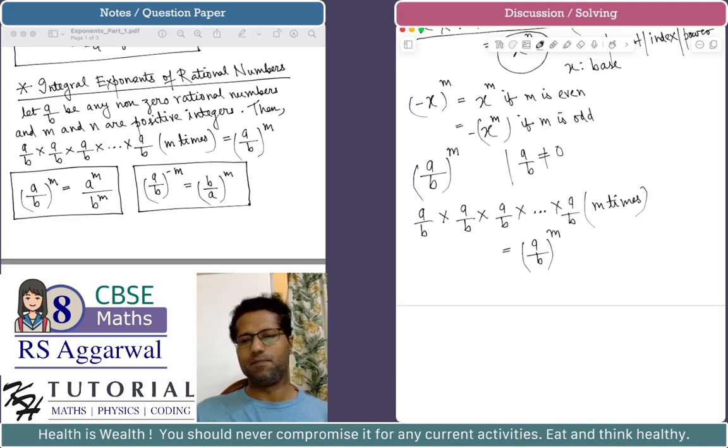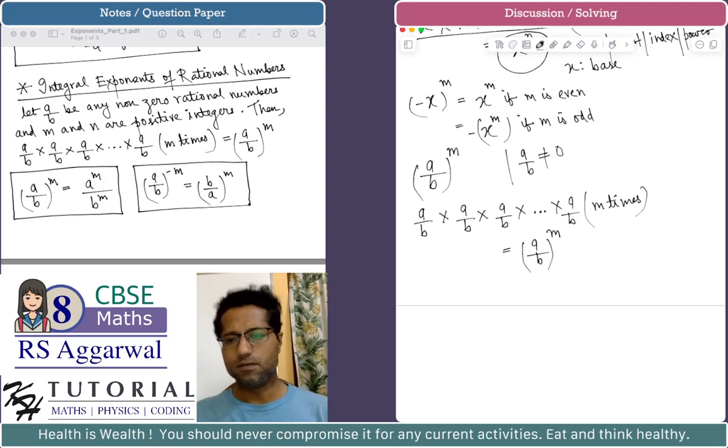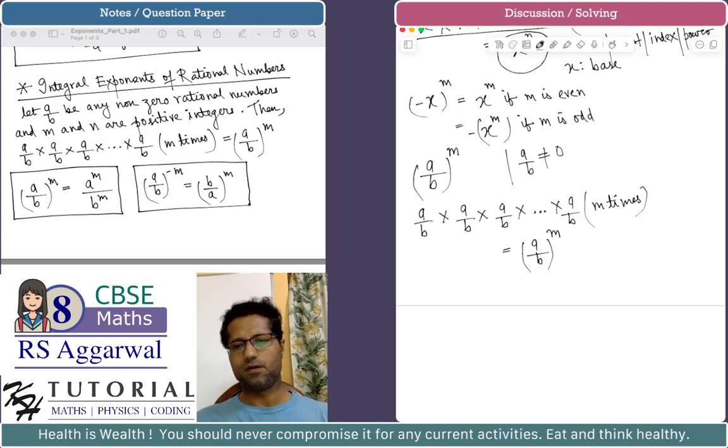So here a by b, the rational number, is the base, and m, the number of times, is the power, index or exponent. This is the fundamental concept of the notation of an exponential form of a rational number where the power, index or exponent is an integer.